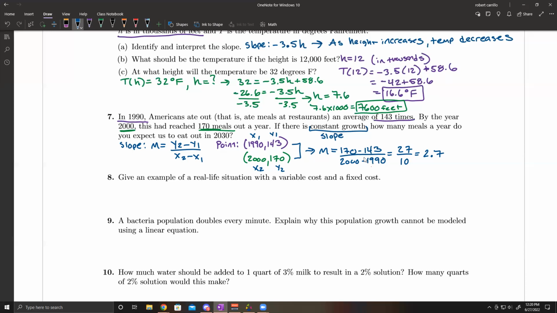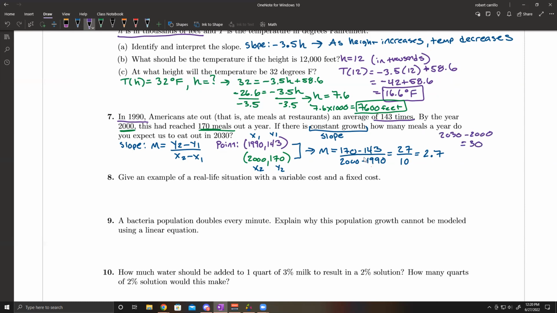Yeah, so I think we do, let me see. Yeah, that'll work. Okay, so from 2000 to 2030, there are 30 years, right? So we want to know in these 30 years, how many more meals are going to be eaten? So first, you do 2030 minus 2000, which gives us 30.